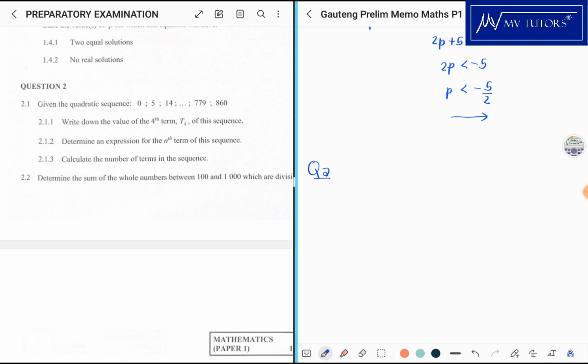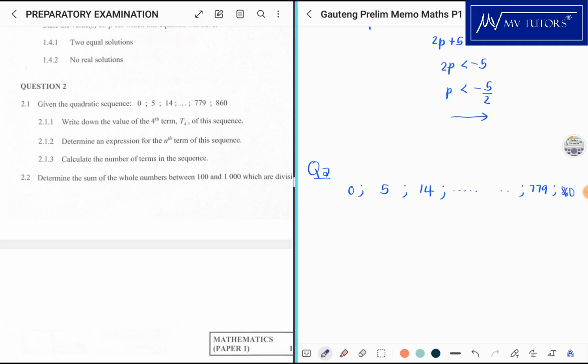All right, so it says, given the quadratic sequence, so it has been given over there. Let me just write it down nicely so that we can see what's actually going on. So we have 0, 5, 14, and then some terms until we get to 779 and 860.